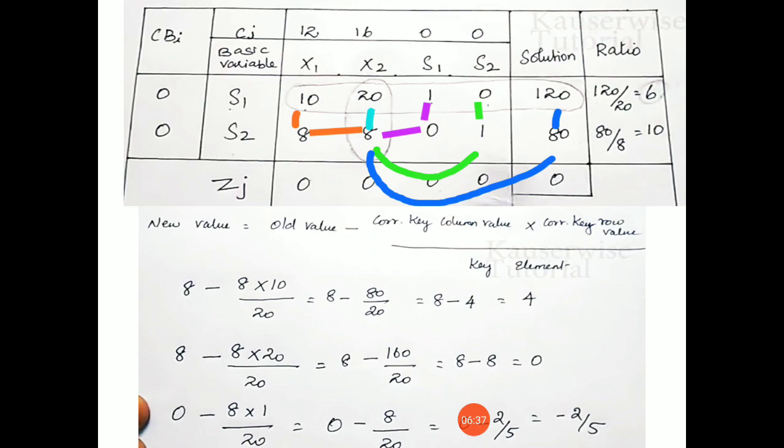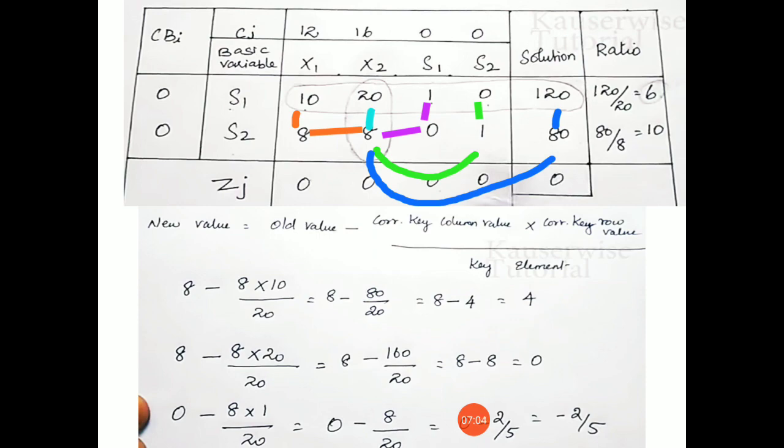Again, I am repeating, for filling the elements in the S2 row, I need to use the formula: new value is equal to old value minus corresponding key column value into corresponding key row value divided by key element. The old value you will get from the initial simplex table, which I have already shown in this slide.